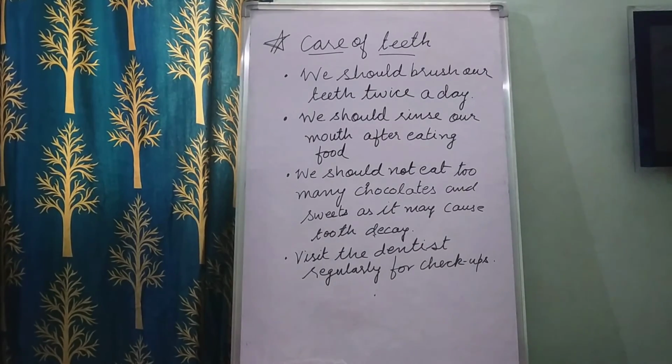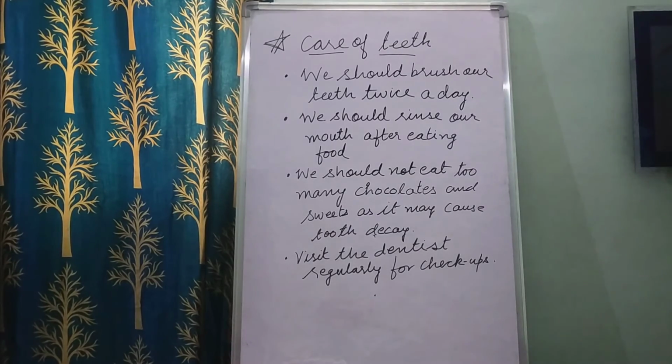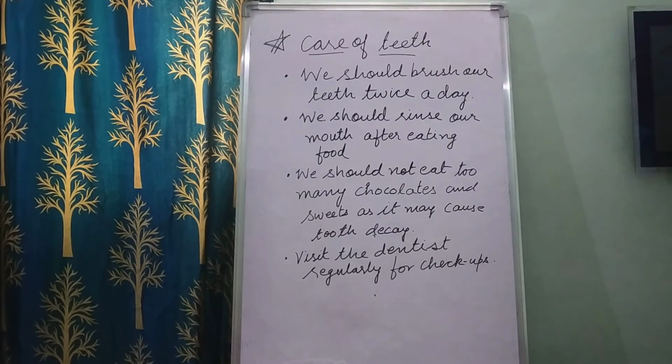Visit the dentist regularly for checkups. You have to visit the dentist regularly for a checkup of the teeth. Children, calcium is very important for strong teeth. Calcium plays a very important role in taking care of our teeth, to make the teeth strong.